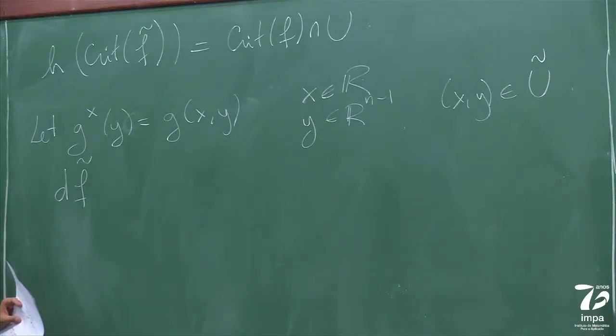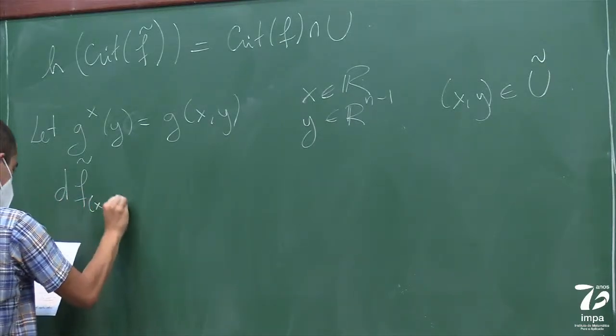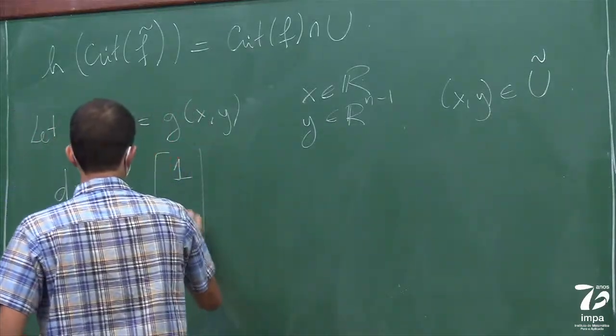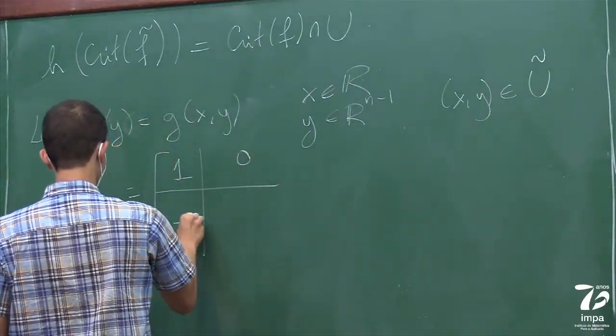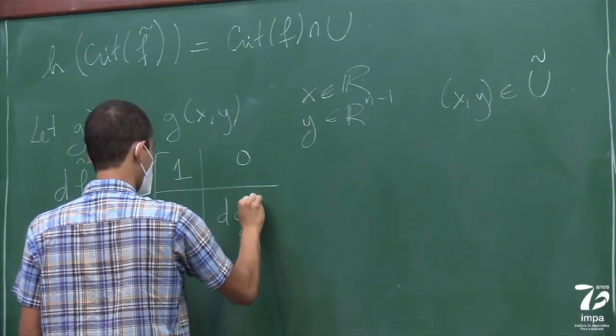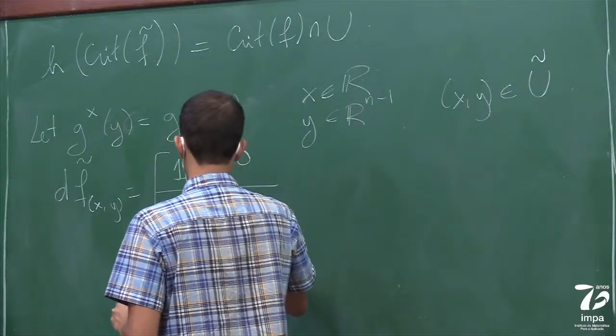I'm just writing this so that we can see what dF tilde is. So dF tilde is going to be 1 here, it's going to be 0 here, it's going to be something here, and it's going to be d of gx at the point y.